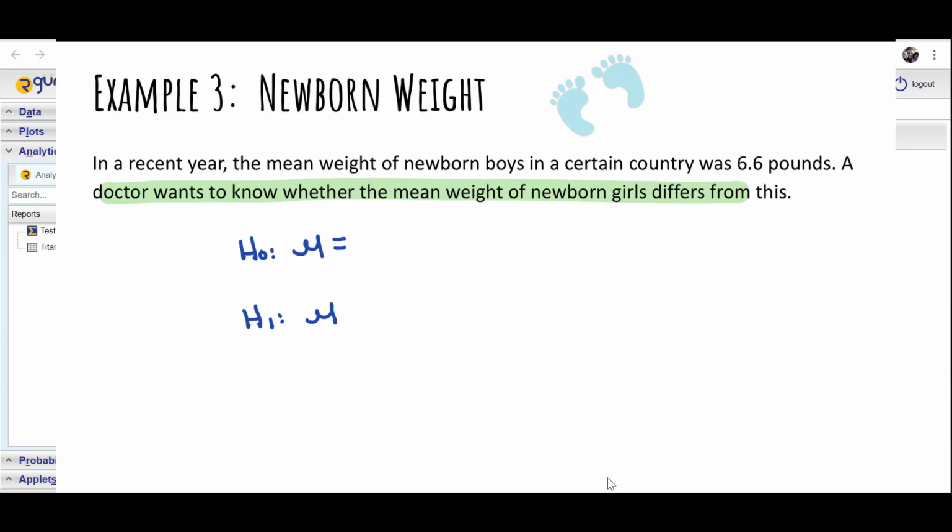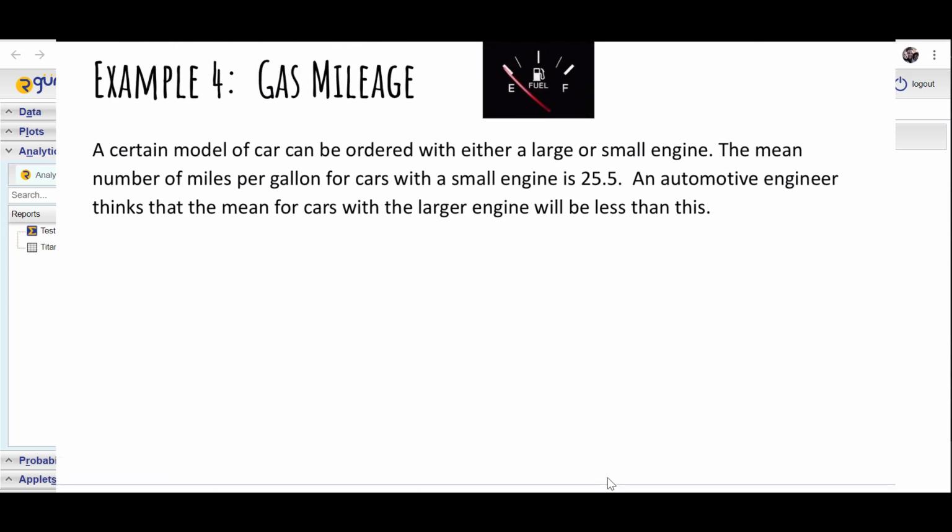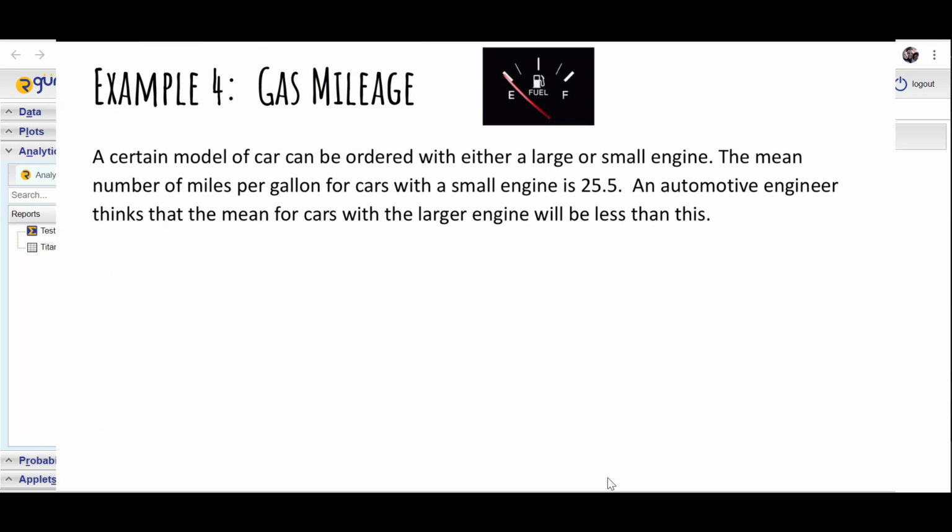And what we assume is true, we assume that it's 6.6 until we prove otherwise. And what are we trying to prove? The doctor wants to know if it's different for girls. So different would be the not equal to symbol, like that. All right, so why don't you pause the video and you guys try this one, and then unpause the video and come back and we'll go over the answer.